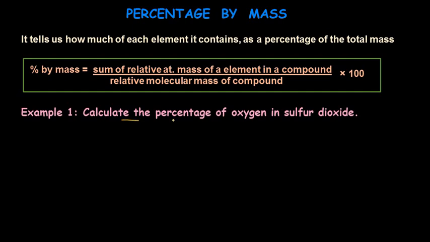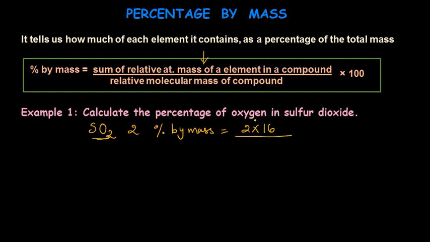Example 1. Calculate the percentage of oxygen in sulfur dioxide. For it, we should know the formula of sulfur dioxide, which is SO2. In SO2, that is sulfur dioxide, we have 2 oxygen atoms. So according to the formula, we sum the relative atomic mass of oxygen in this compound to calculate the percentage by mass. We have 2 times the relative atomic mass of oxygen, which is 16.